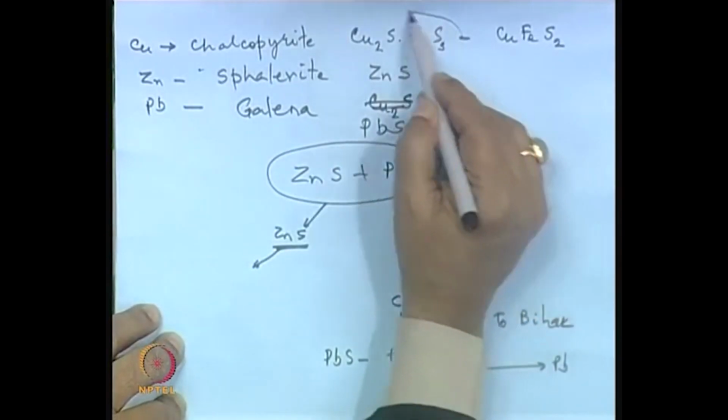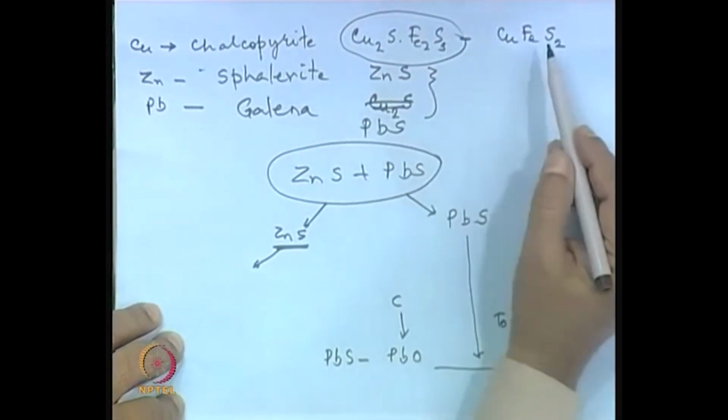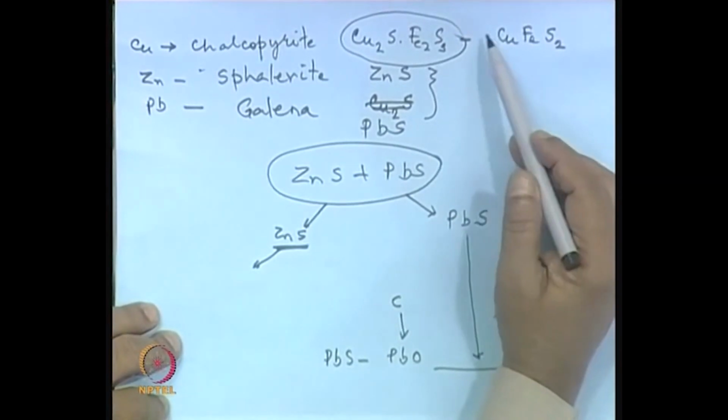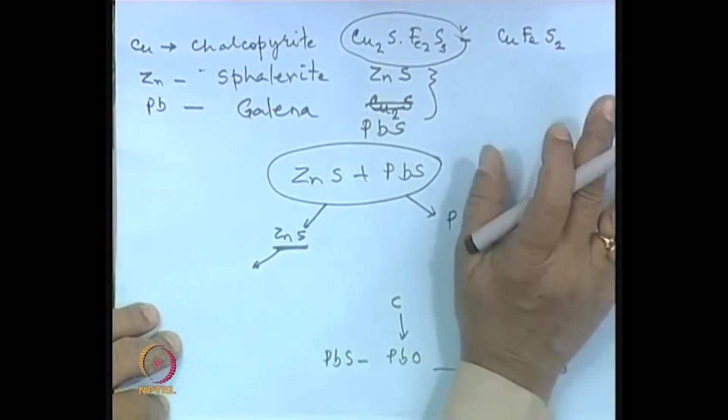Copper pyrites, which also is a kind of mixture of iron sulphide and copper sulphide, can be found as a rich concentrate in eastern India. That is why we have a copper smelting plant in Ghatshila. But there are many deposits in India where all three are together.